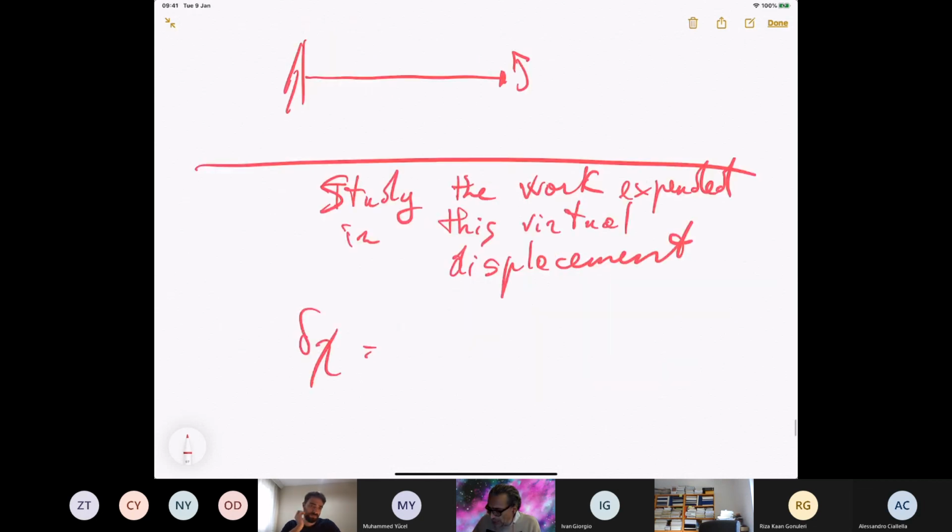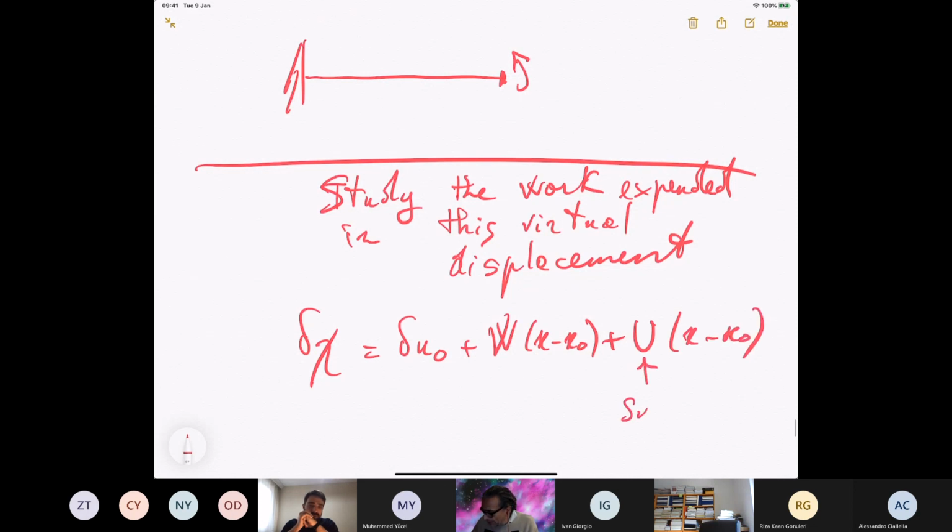Delta K equals delta U0 plus W(x minus x0) plus U(x minus x0), where U is symmetric and W is skew symmetric.